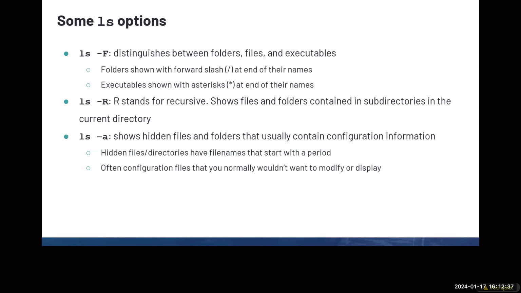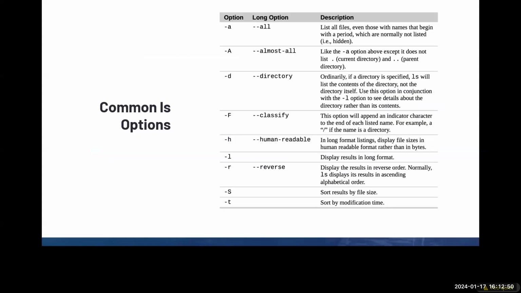For example, hidden files or directories have names that start with a period, and are often configuration files that you normally wouldn't want to modify or display. Actually, there are many options we can use with a. As I told you earlier, capital and lowercase letters are totally different.